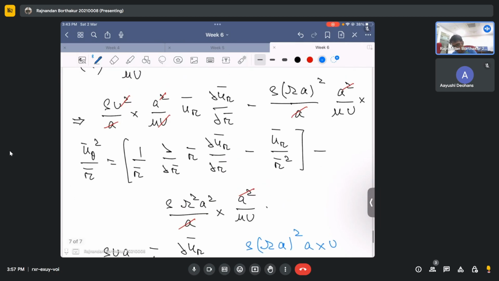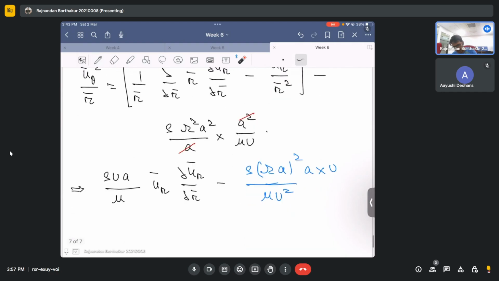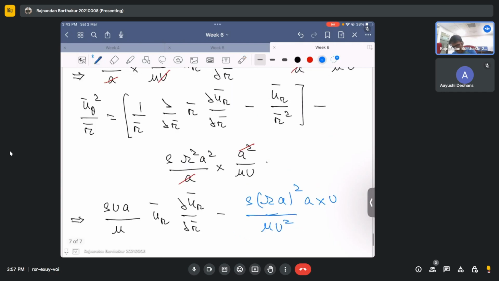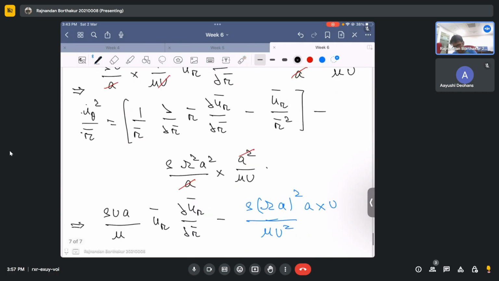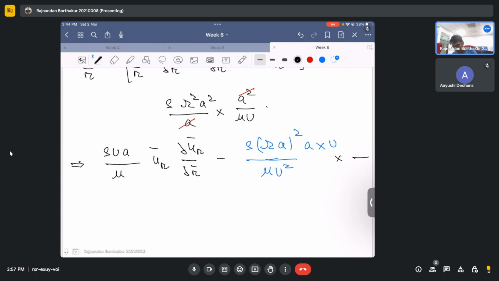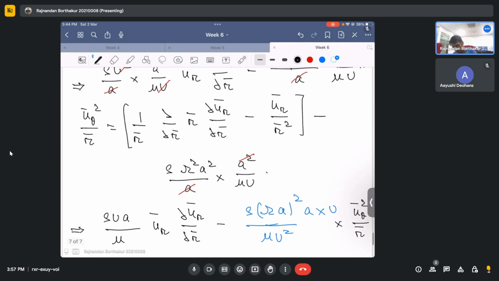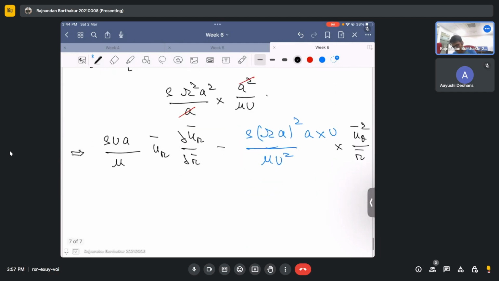In this second term, I multiplied by u and divided by u, so this becomes u squared. I hope this is clear. Then there is this term, and this would be a very nice non-dimensional number that we will get. So it is u theta squared by r. That is the non-dimensional part.